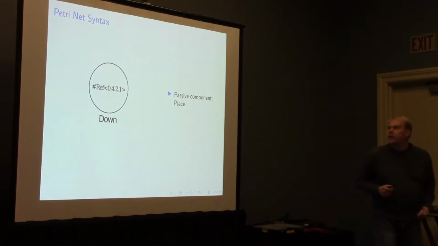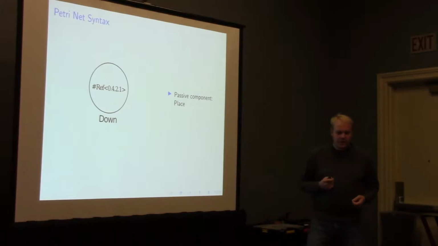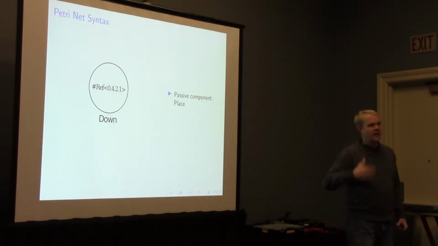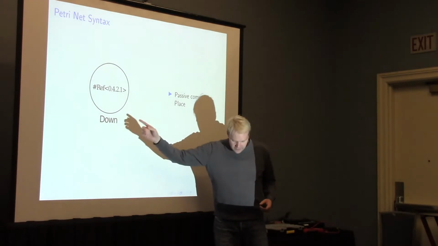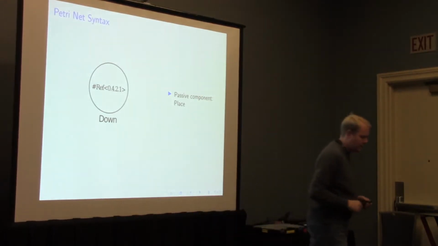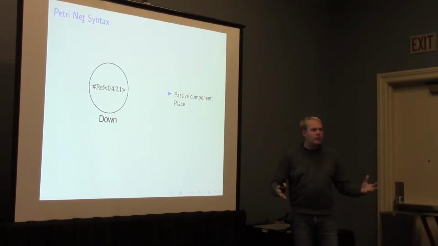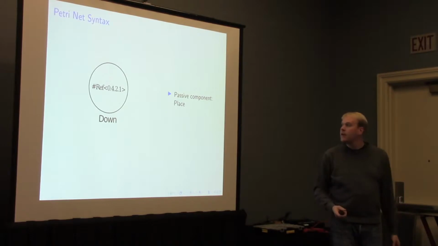First, let me introduce you a little bit to the terminology. In a Petri net, we have passive things and active things, and the passive things we call places, and these are the circles here. A place, a passive thing, is like a box or a storage or a buffer, something static that can hold something.